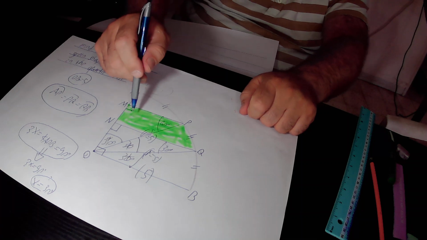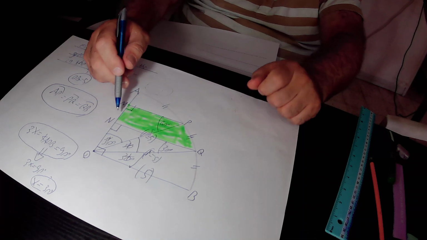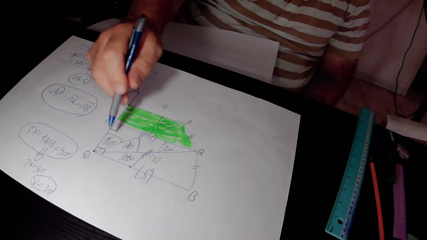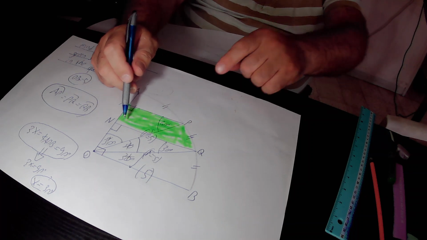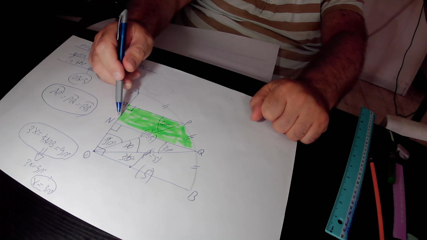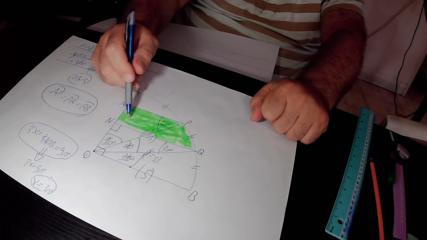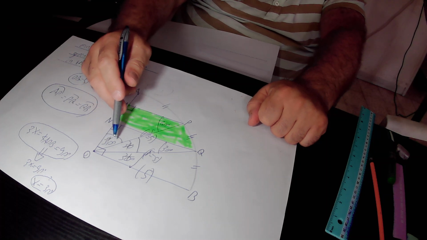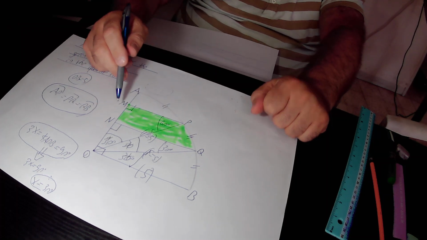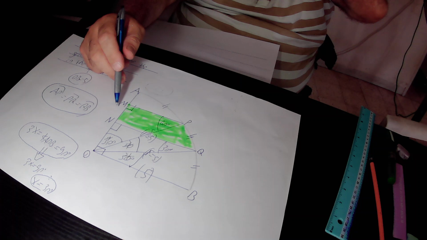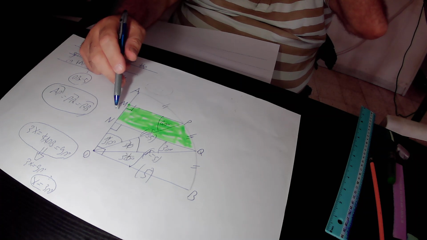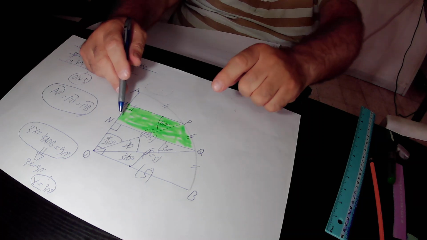This is the right triangle NQO. It is very easy to see that the big right triangle NQO consists of two small triangles: this small right triangle NSO, and this triangle OSQ. Therefore, the area of this right triangle NQO must be equal to the sum of the areas of the two components that it consists of.